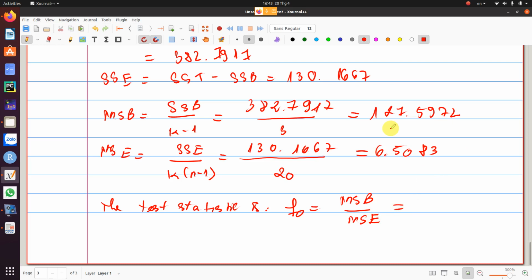Plug in the values and tell me F0. 19.6053.